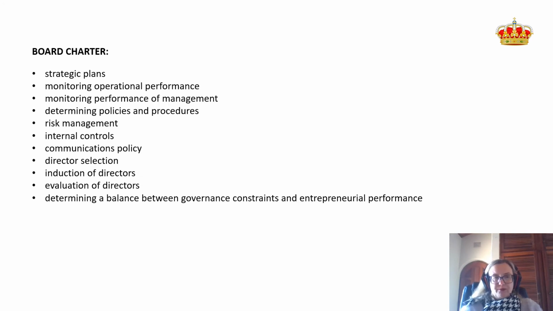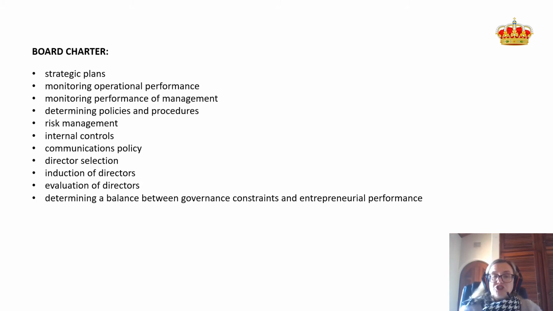Let's have a look at what the board charter will entail. Strategic plans, monitoring the operational performance, monitoring the performance of management, and determining the policies and procedures. Those 4 bullet points relate specifically back to principle 6 of King, around that very specific role of the board in terms of setting and steering the direction of the company.